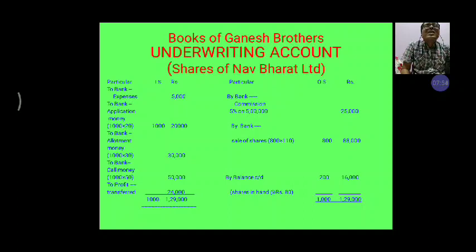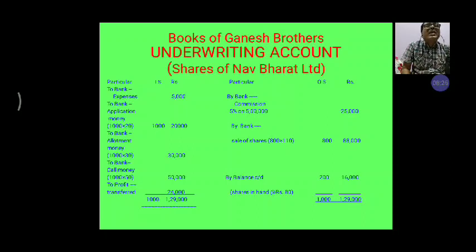So these are the dues by the underwriter. 1,000 is the short subscription and all amount will be paid on application, allotment and call money. It is the expense of the underwriter. So he pays the application, allotment and call money to Navbharat Limited.